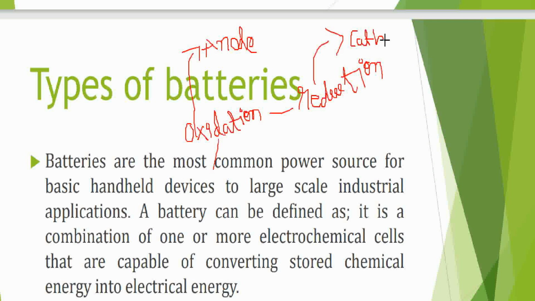So what happens in the oxidation process? In the oxidation process, the electrons are released. In the oxidation the releasing takes place, in the reduction acceptance takes place.